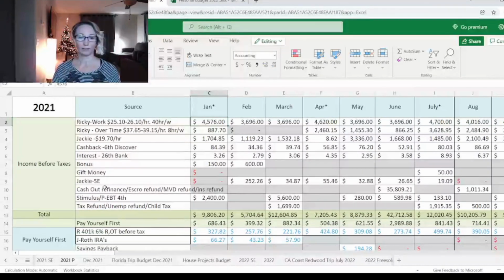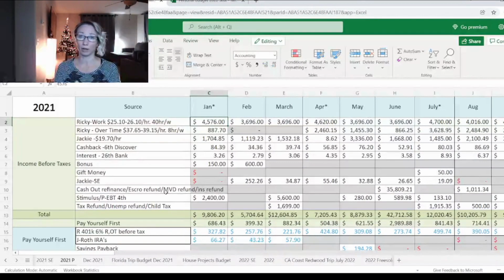And then we had another big amount coming into the household, which was a cash out refinance. When we first purchased the house in 2018, we had a 30-year mortgage. After 2 years, we refinanced to a 20-year mortgage, which we did not take out extra money. And then this year, we refinanced to a 15-year mortgage, but we did take out some money.